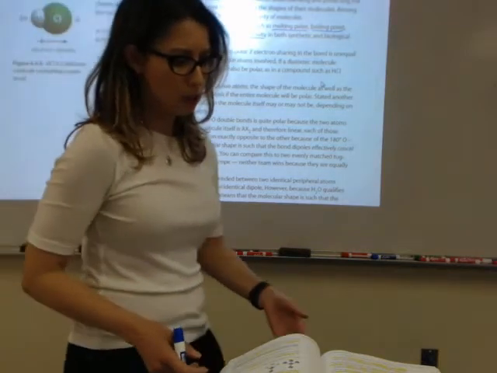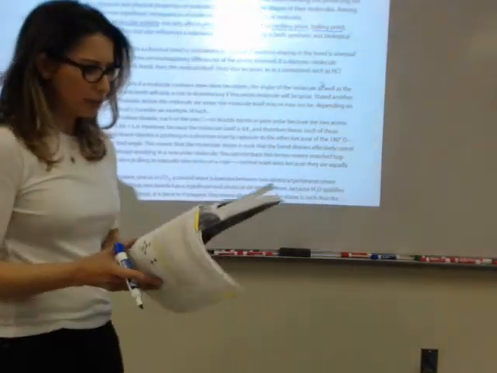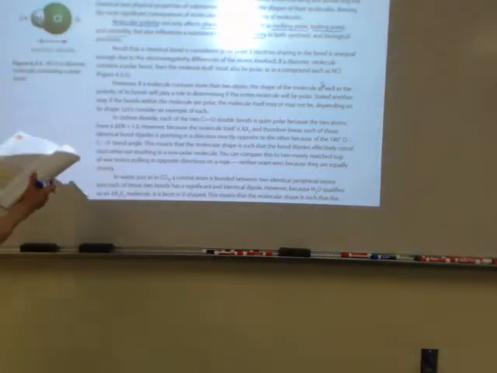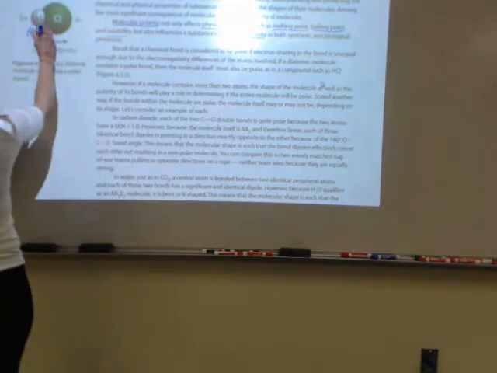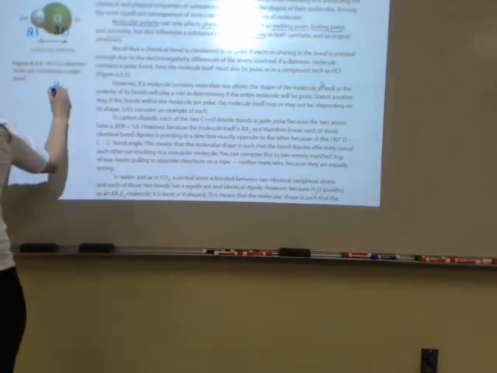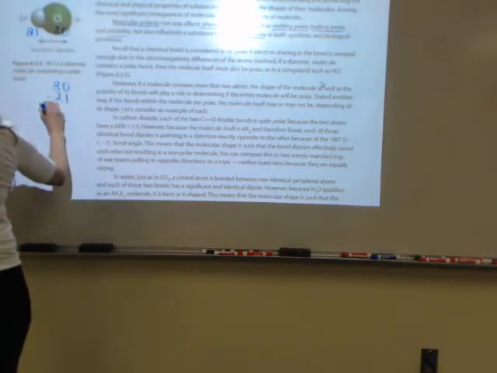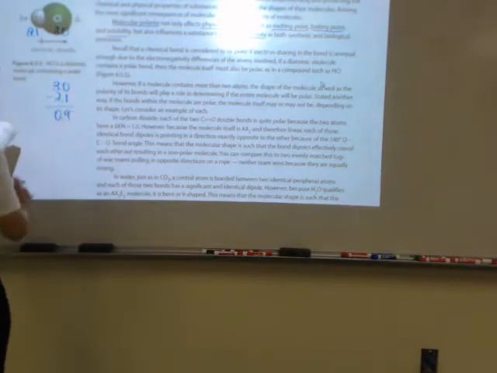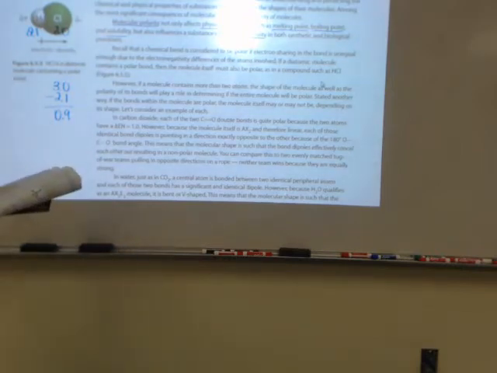So if I'm taking a look here at HCl, hydrogen has an electronegativity of 2.1, chlorine is 3.0. You find a positive difference between the two. And here we get 0.9, and when you fall within a certain range, then you have a polar molecule.